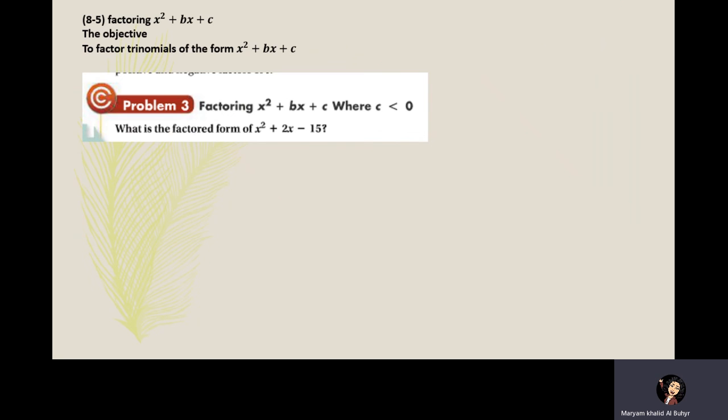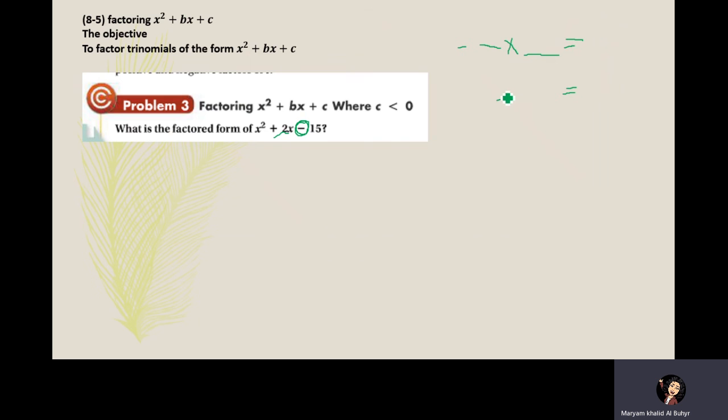Let me move to this exercise, this part. So here, the opposite. I have this one negative. That means one of the numbers that I'm looking for will be negative, and the other number will be positive. Here I have to focus on this side. I will think about two numbers.